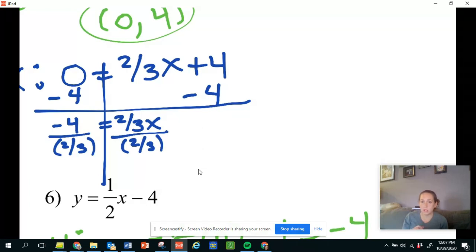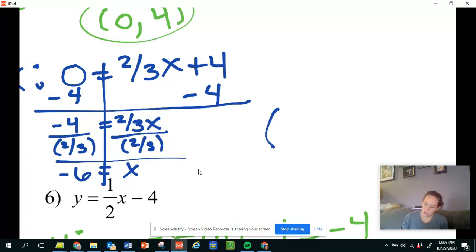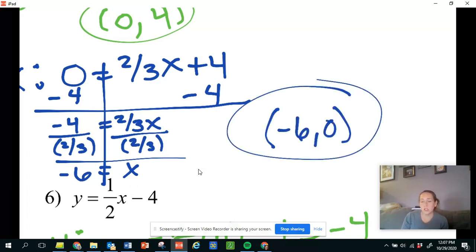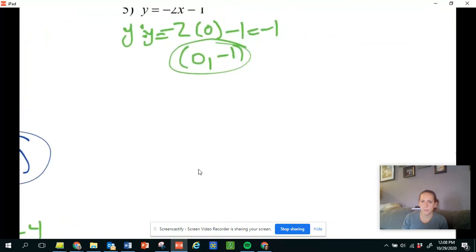So if you type it in the calculator correctly, you should get x equals negative 6. So my actual x-intercept is the point (-6, 0). A way to check yourself would be to graph the line and then look at where it touches the x-axis and the y-axis on GeoGebra or Desmos.